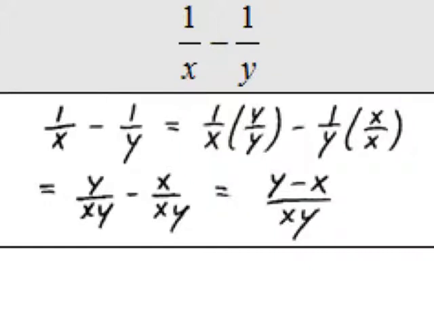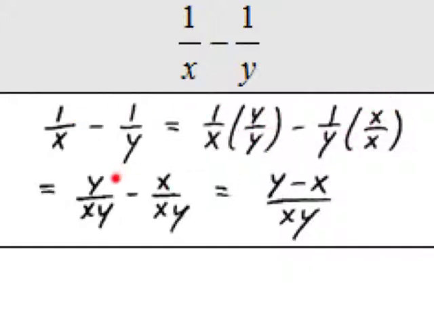Okay, here we have a little simpler version of that same thing. Probably should have put this one first, huh? But my common denominator is going to be xy. Okay, xy. 1 over x. If my denominator is xy, then I'm going to have to multiply 1 by y.